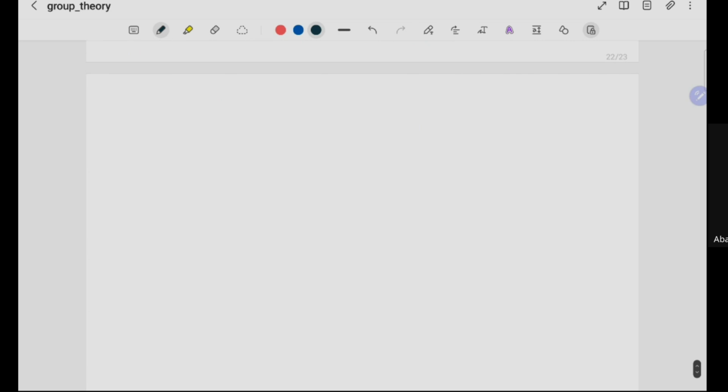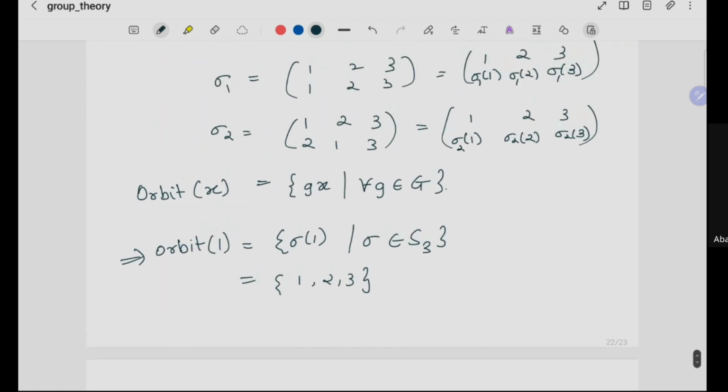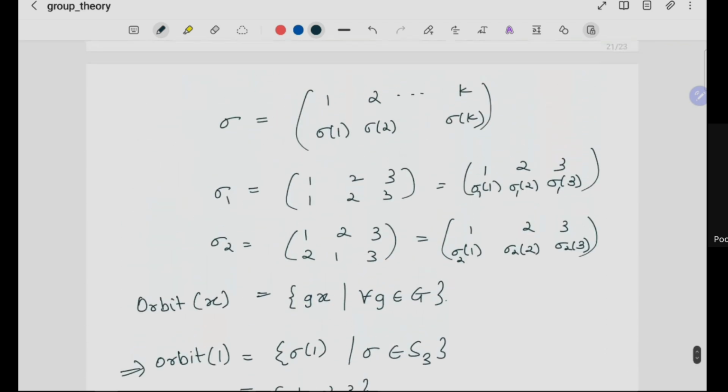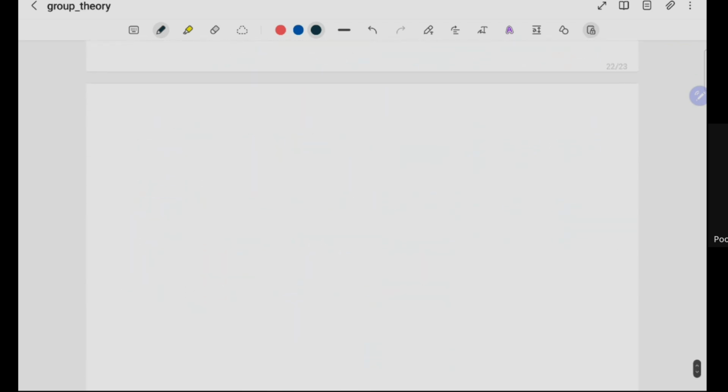I hope the action is clear so far, and the orbit is clear. Is there any doubt, like what is orbit and how the action is defined here? Can you repeat what is the action here? Okay. So let me write it explicitly. S3, or Sn, is acting on the set of all the numbers 1 to n. And how is the action defined?